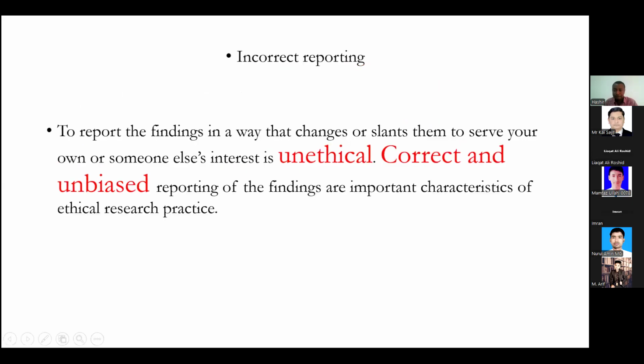So incorrect reporting. Now, to report the finding in a way that changes or slants whatever we have, especially you interview a minister, he gives you an information, you come and you report it wrongly. That is not fine. What you report, what you conclude, what you do is what you have to report, not what it isn't.